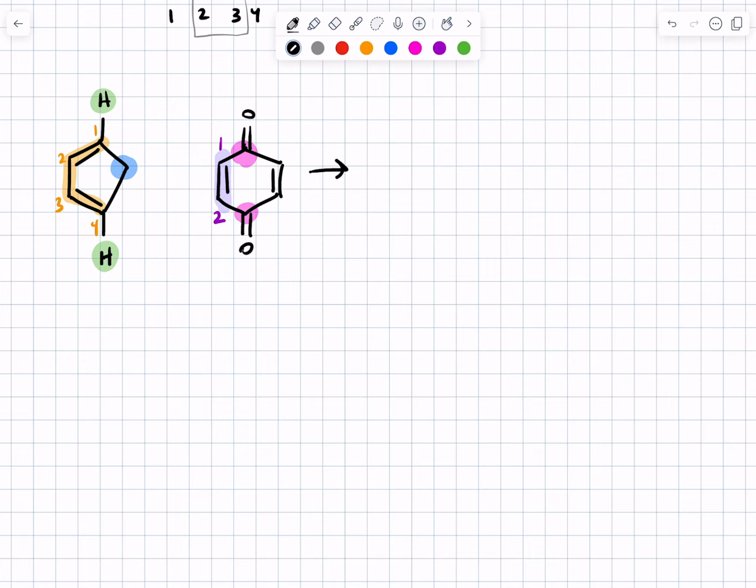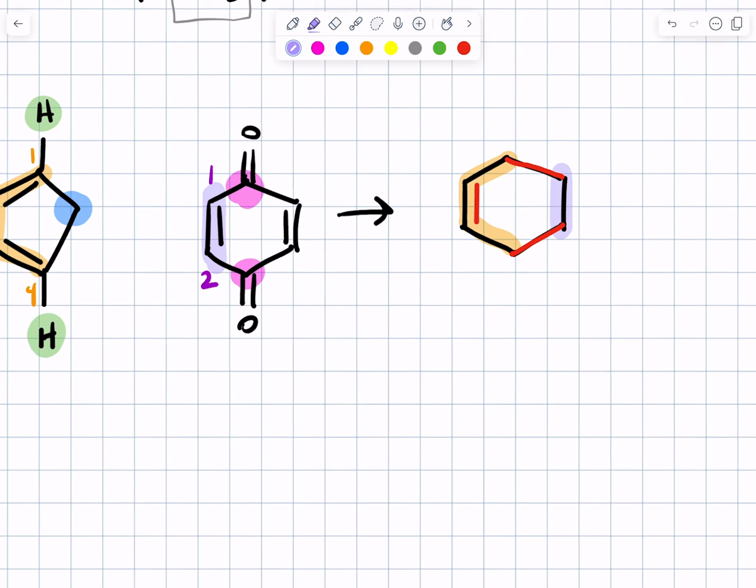The product is going to be a cyclohexene ring. And so anytime you're doing a Diels-Alder reaction, if you start by drawing this, you're on your way to the right answer. These 4 atoms of the cyclohexene ring came from the diene. These 2 atoms of the cyclohexene ring came from the olefin.